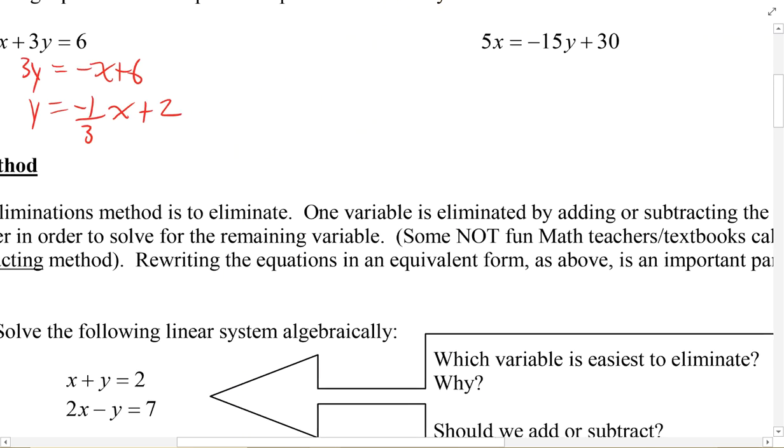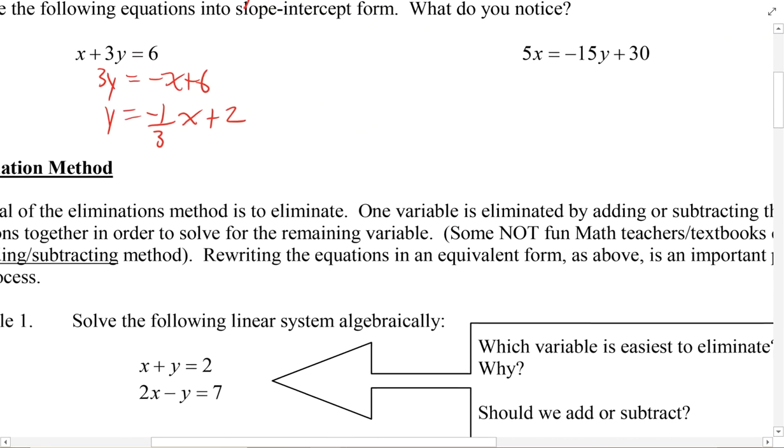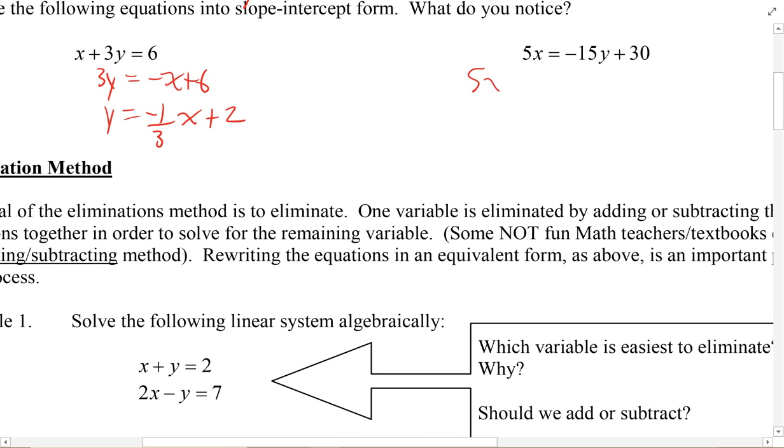Okay. Next one, you can move the 30 over. So we get 5x minus 30 equals negative 15y. Then divide by negative 15, and you're going to get positive 5 divided by negative 15, and then negative 30 divided by negative 15 is what?